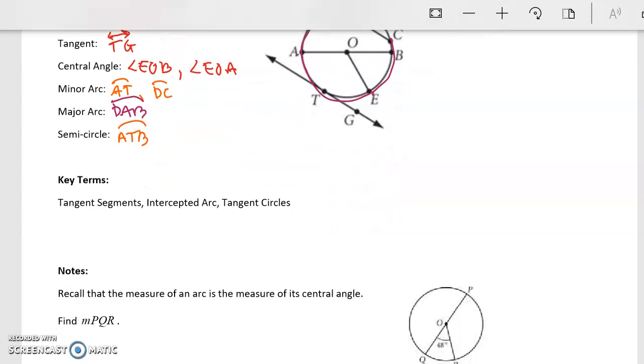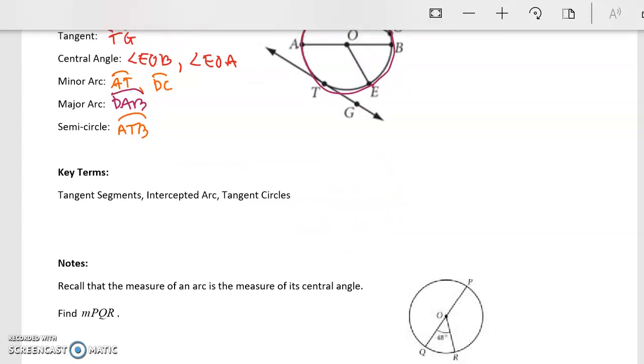So tangent segments are very similar to tangent lines, except they are segments and one endpoint of the segment intersects the circle.